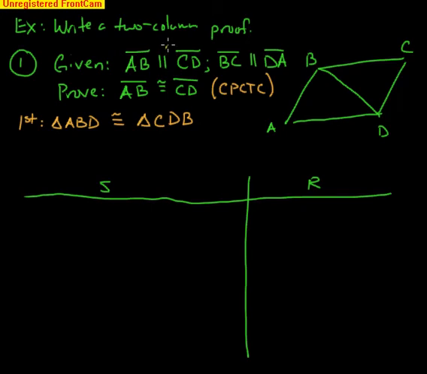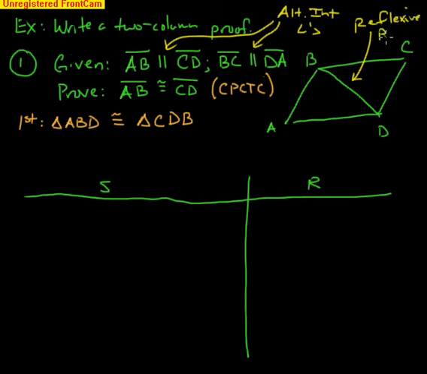All right, first, parallel lines. 95% of the time, alternate interior angles. Second, they touch. Reflexive property. Okay?